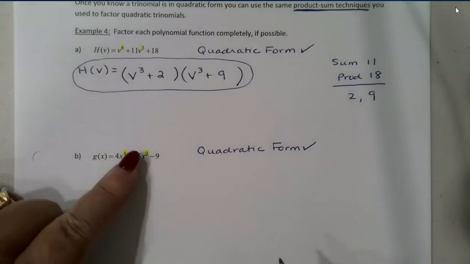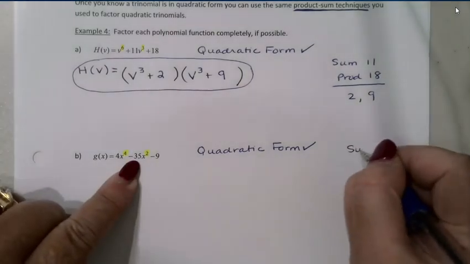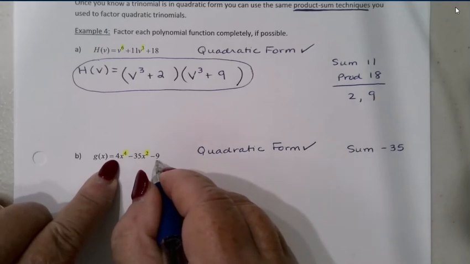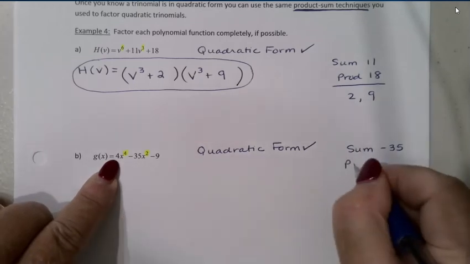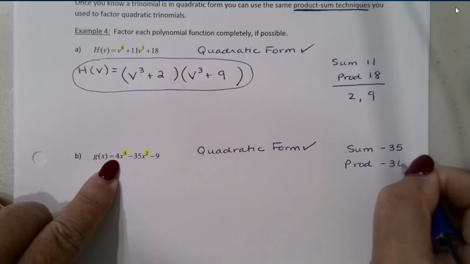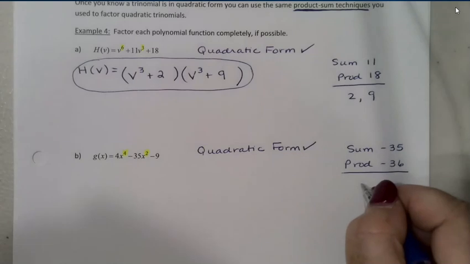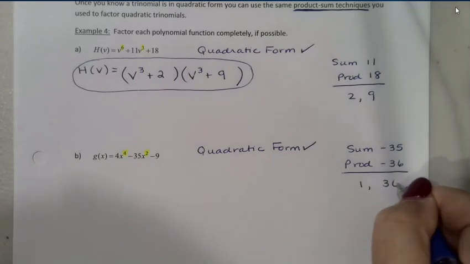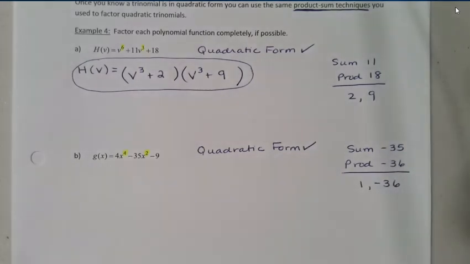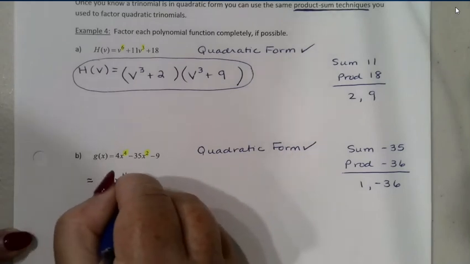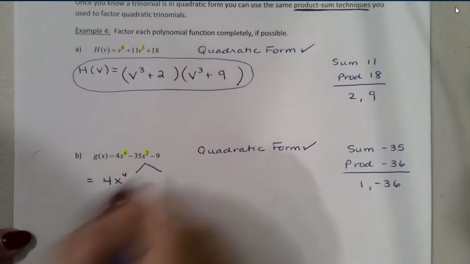Right, this is the one where I say the sum is still negative 35. But I have to multiply those, and my product is negative 36. So I'm thinking 1 and 36 here, with the negative on the 36. That way it'll add up to negative 35. So I'm going to keep the 4x to the 4 the way it is for right now, and then I have to break apart the middle term.